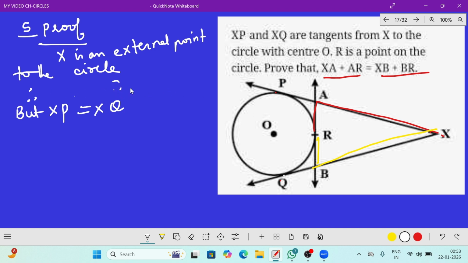This will come to the next step. So XP is equal to XQ we got. That is because from the external point, the tangents are equal. But what will I write in place of XP? XP is a combination of XA plus AP. So I will write XP is equal to XA plus AP. Then XQ is equal to XB plus BQ.